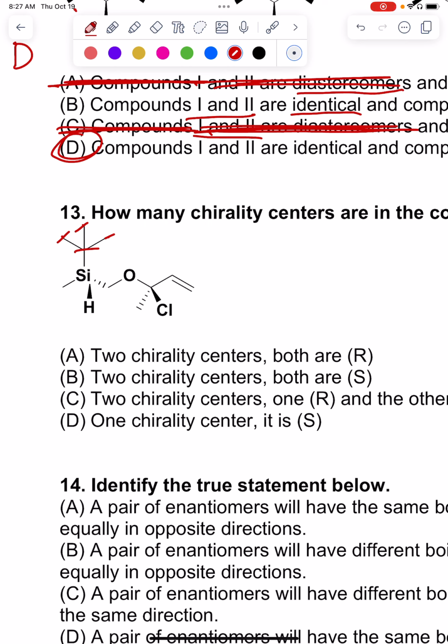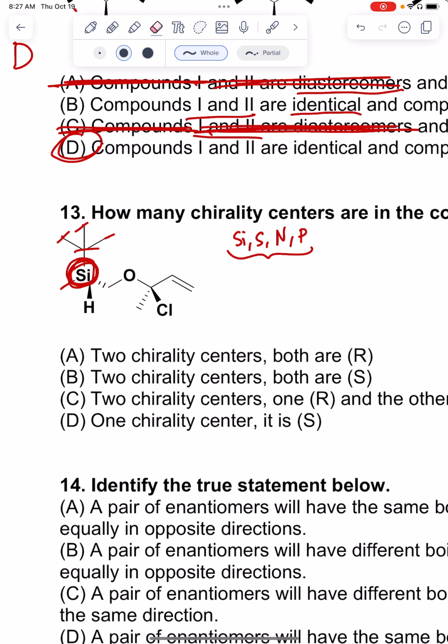Here we have silicon, and it's got 1, 2, 3, 4 groups attached to it. Remember, we said silicon, sulfur, nitrogen, and phosphorus can all be chiral centers. So this is a chiral center. Oxygen, no, because it has 2 lone pairs and only 2 things attached to it, so that can't be a chiral center.